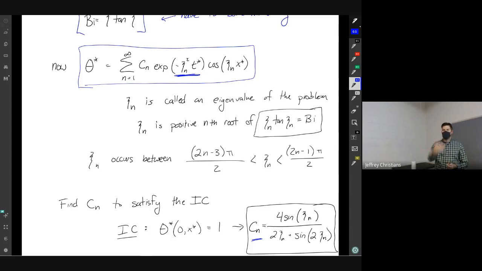The first Cn is going to be spaced about pi apart, so the first one is going to be some number around 1.5. So minus 1.5 squared t star, which is a number about 1, so about 1 t star. The second term is going to be 3 bigger, so it's going to be like 4.5. So 4.5 squared t star. That's like 16, so you get the exponential of minus 16 t star.